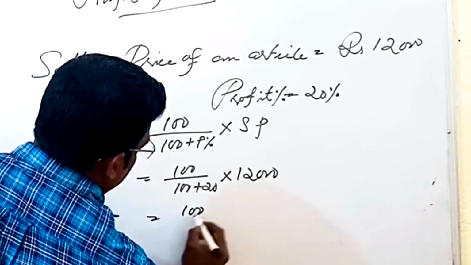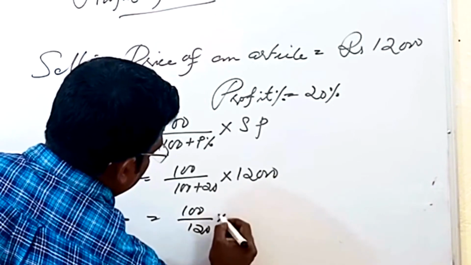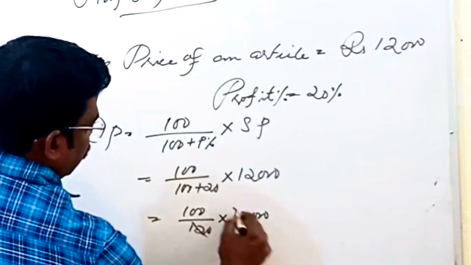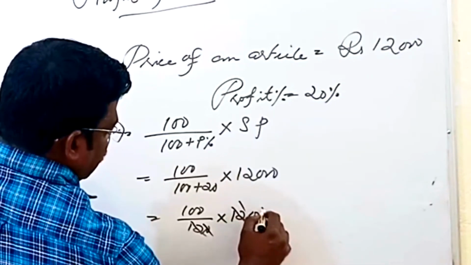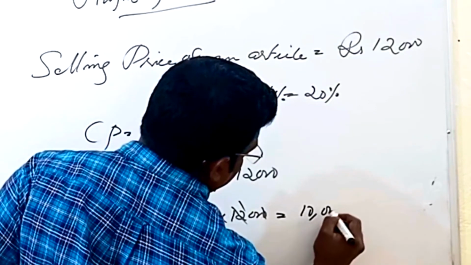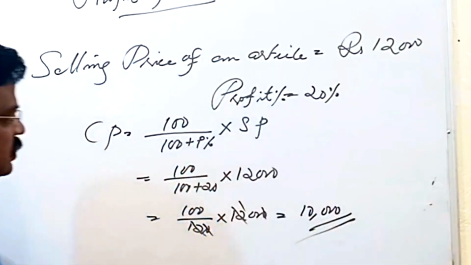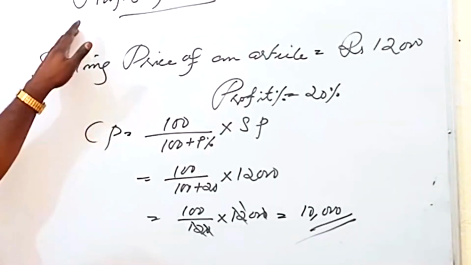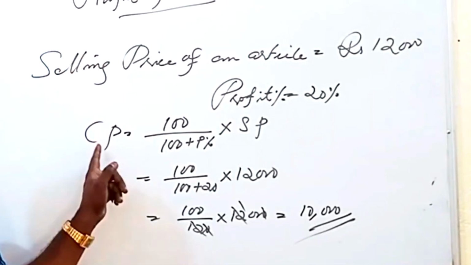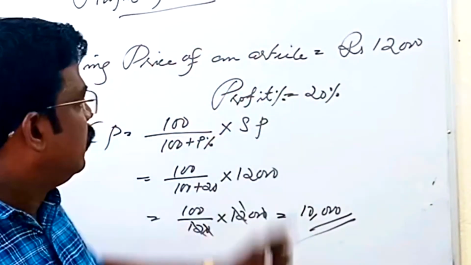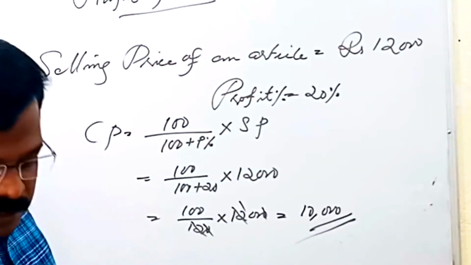So 100 by 120 into 12,000. 12 and 12 cancel, one zero also cancels. So here we will get 10,000. That is the cost price of the article. That is how we can find the cost price of an article if the selling price and profit percentage are given.